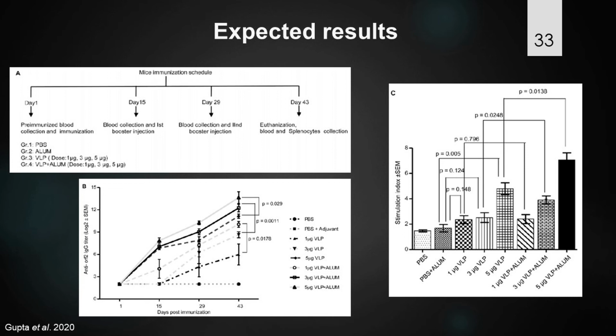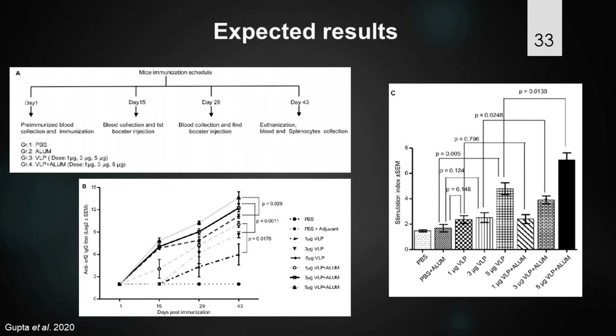In figure C, the cellular immune response elicited by the RV-VLPs was measured by splenocyte proliferation assay. The splenocytes collected from 5 microgram VLP, 3 microgram VLP plus alum, and 5 microgram VLP plus alum immunized mice could be significantly induced to proliferate compared to the controls, as you can see in the figure of PBS and PBS plus alum.